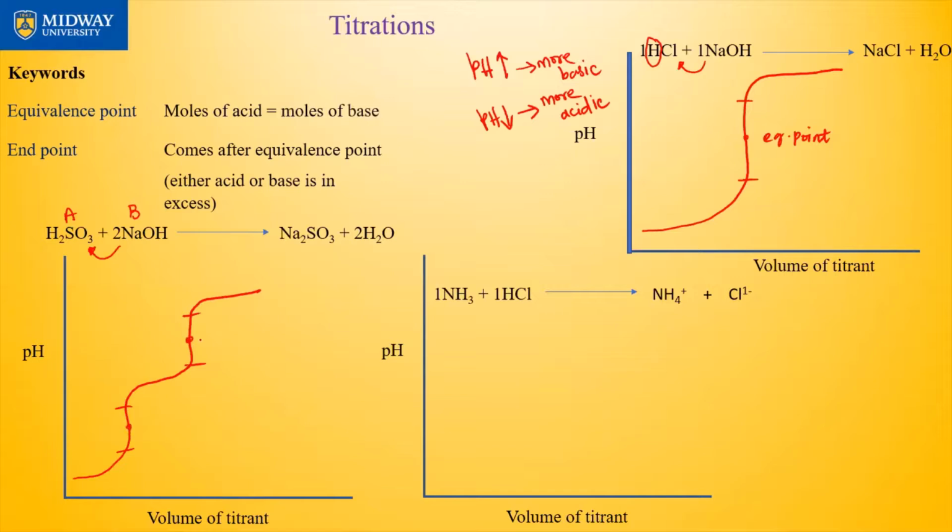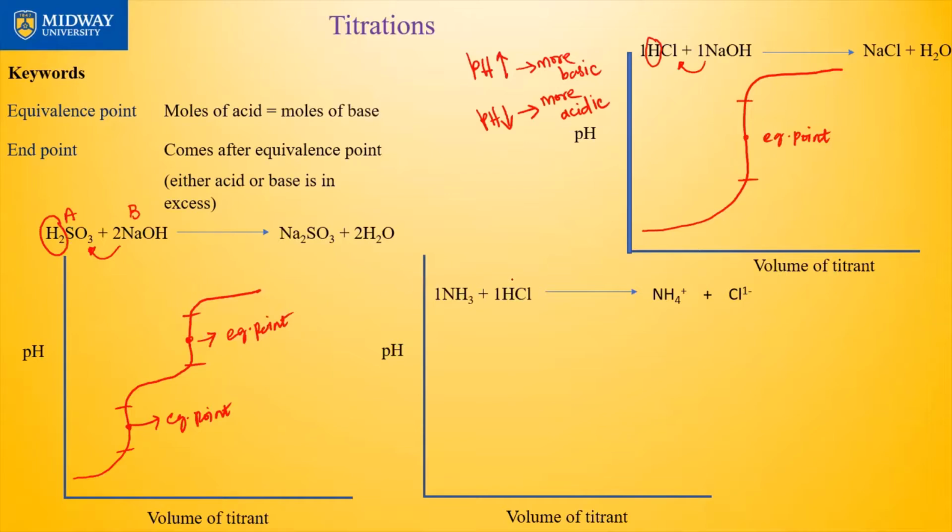Why does this graph have two equivalence points? This is one equivalence point, and there's another equivalence point. The midpoint of this flat region is the equivalence point. There are two because our acid contains two hydrogens, right? But the fact is the pH still went up.